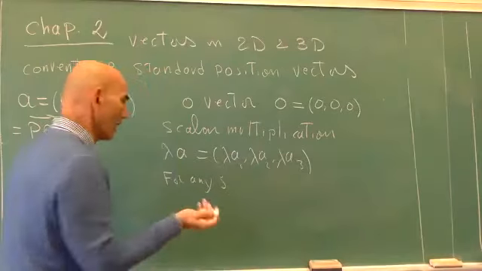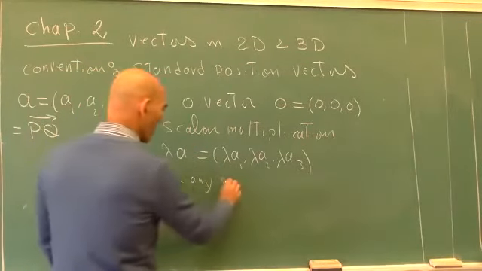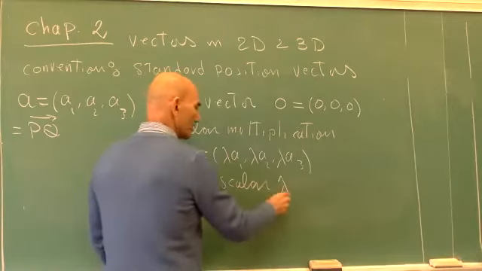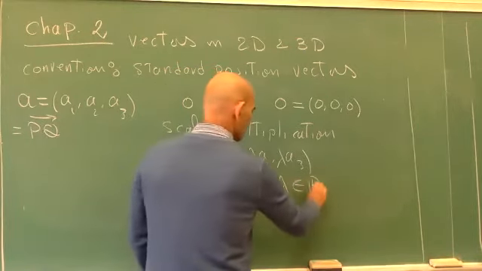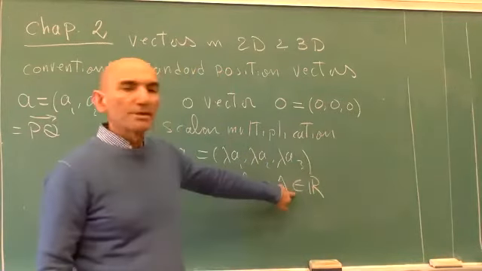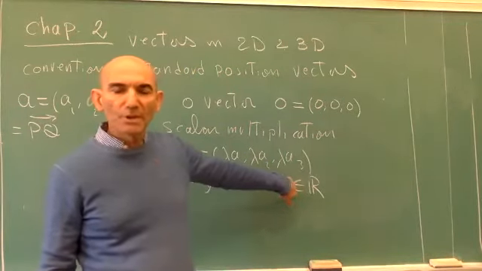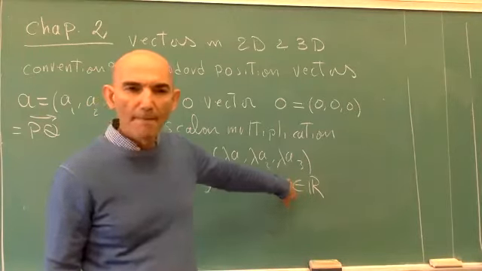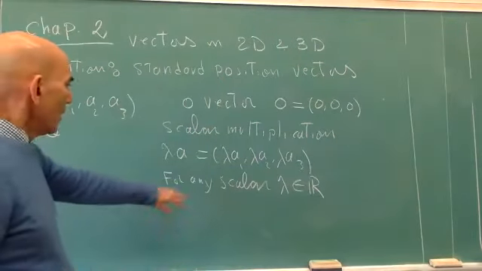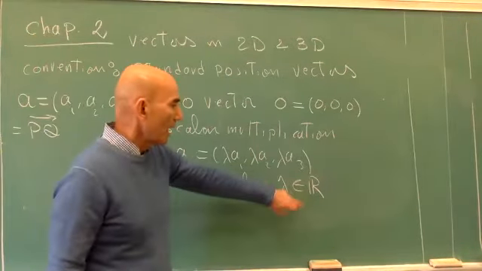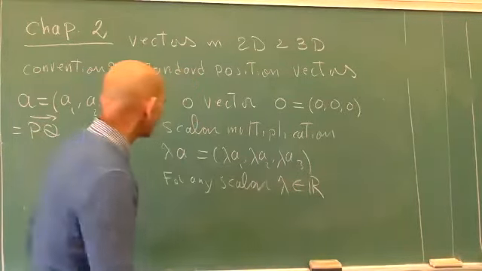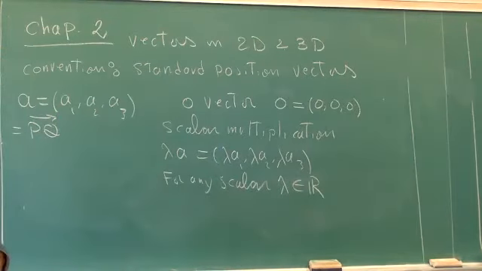I use the Greek letter lambda belonging to R. I suppose you understand this notation. I'm going to use some notations like lambda belonging to R. I hope it's okay. If you don't understand this notation, ask me, I will explain it. But this just means lambda belongs to R.